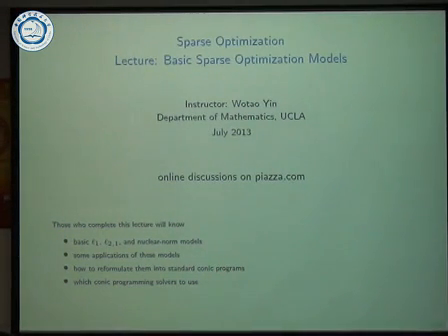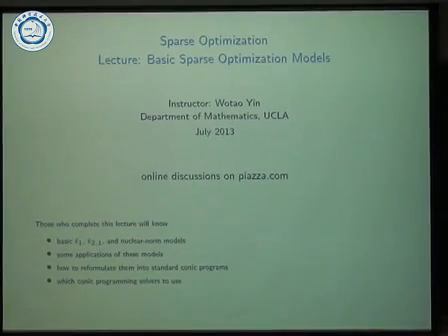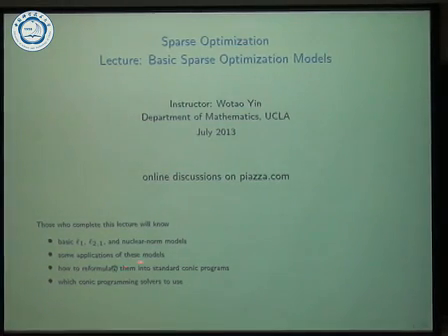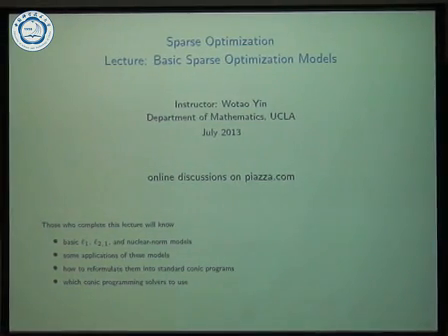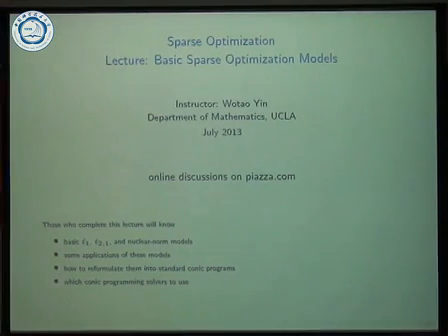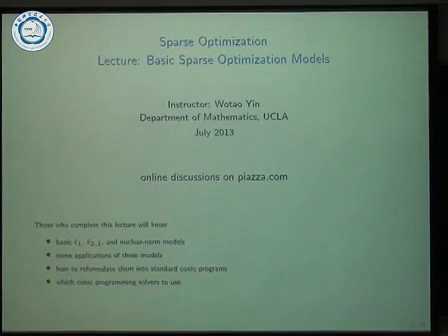Once you go through these lectures, this afternoon you'll be able to go to your MATLAB and solve some of these problems, at least the small ones. Then I'll tell you what solvers are available. So at the end of the day, you're able to solve small sparse optimization problems.